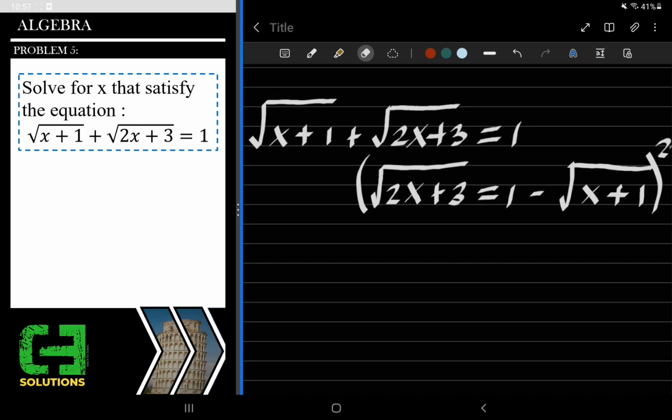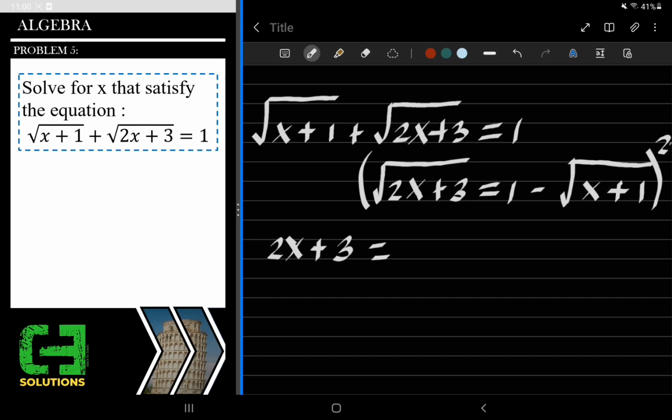Square root of 2x plus 3 raised to the power of 2. So this will become 2x plus 3 equals... this is the square of the binomial, where the first term is 1 and the second term is negative square root of x plus 1. So the square of the first term, 1 squared, is 1.